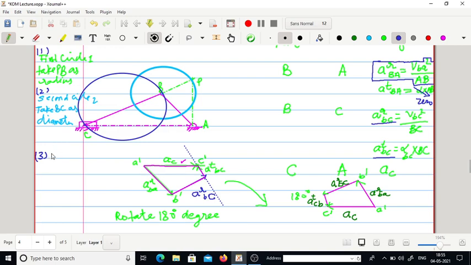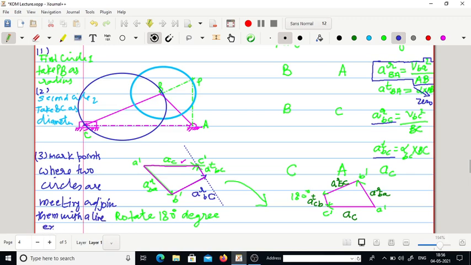Now mark the points where the two circles are meeting and join them with a line, extending it to link AC.